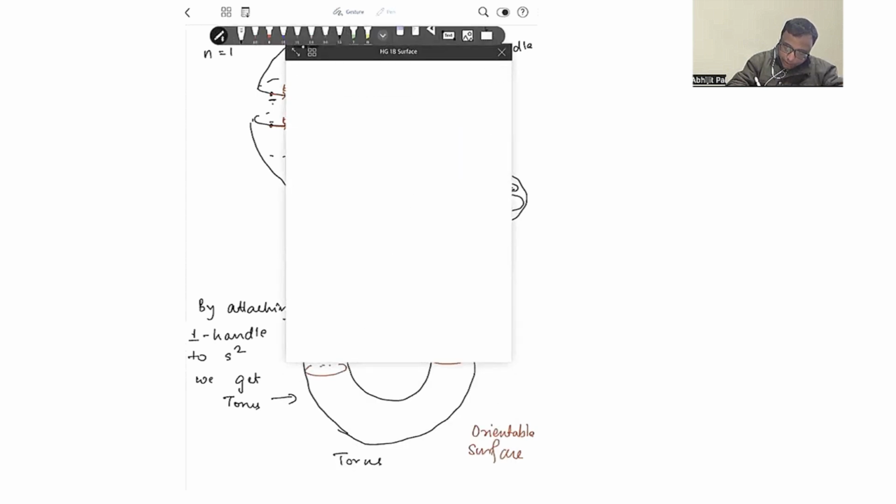You take a sphere, and now what you do is you make two holes, meaning you take two open disks in the sphere and take them out from the sphere. So it will create two holes, and now you take a cylinder.